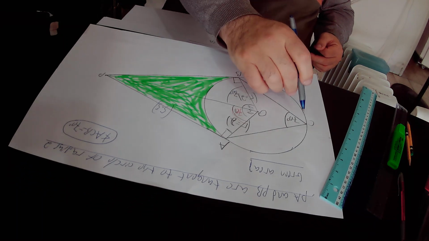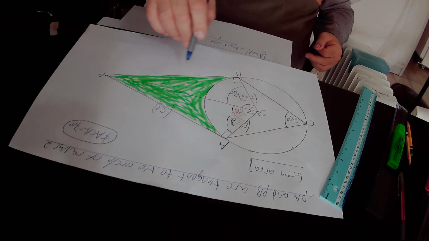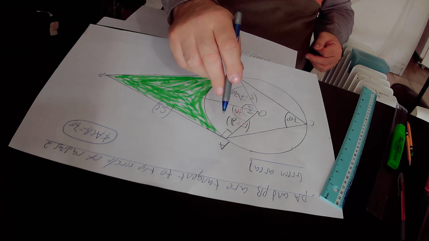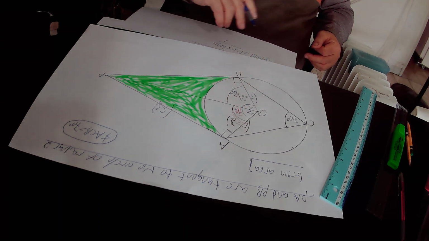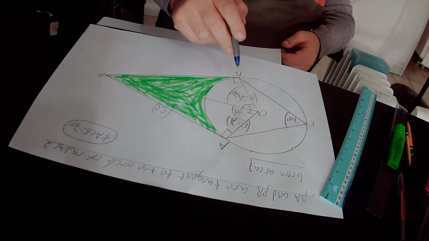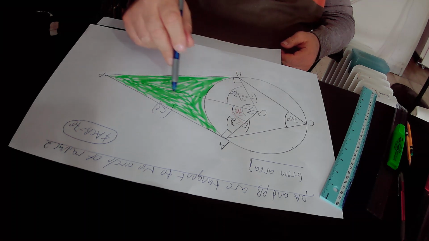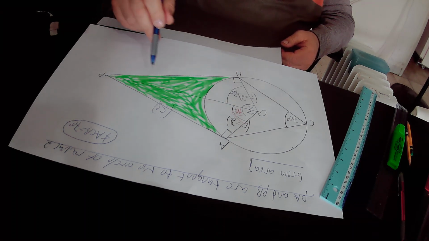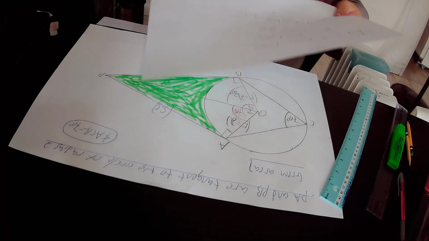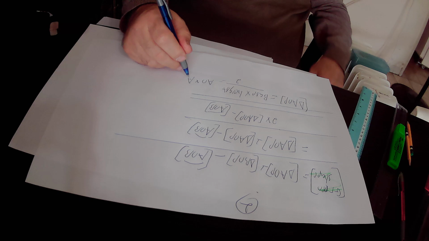So we choose the base of this right triangle AOP. The base of this right triangle AOP is side AO, times the height to the base. The height will be AP because it creates 90 degrees with the base AO. So the height is AP over 2.